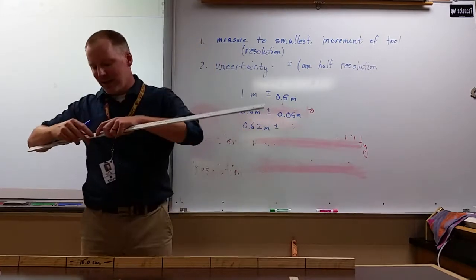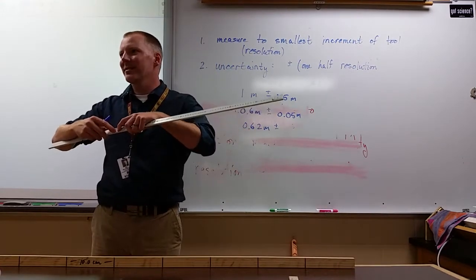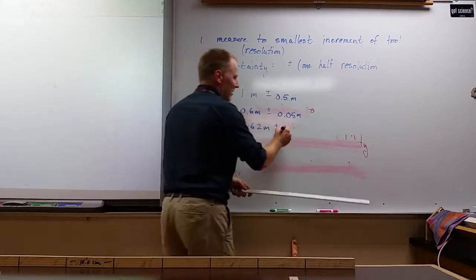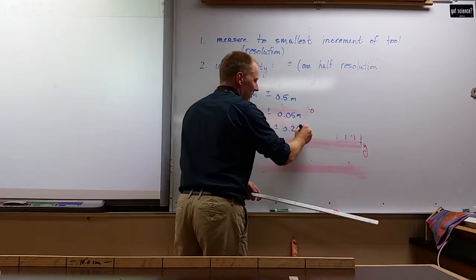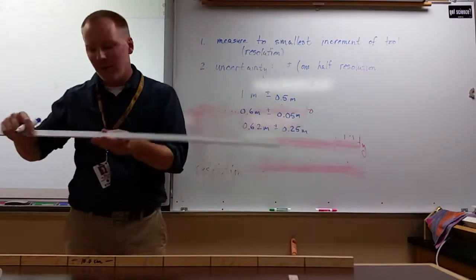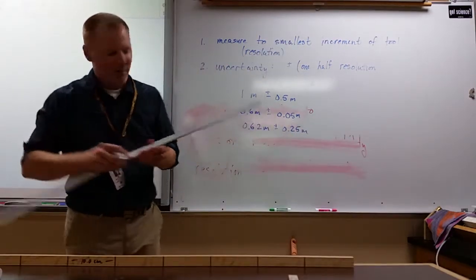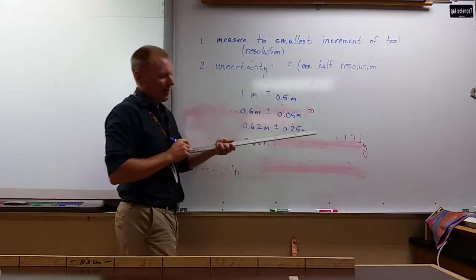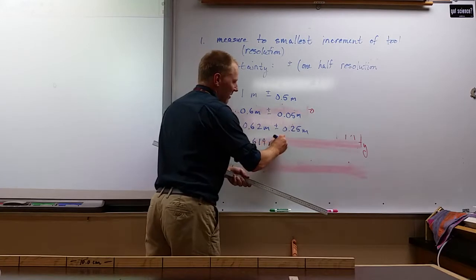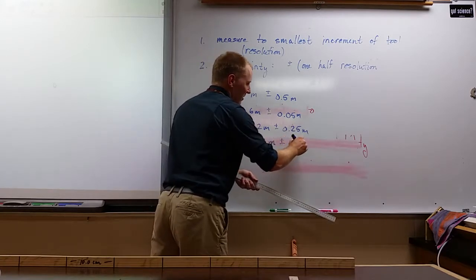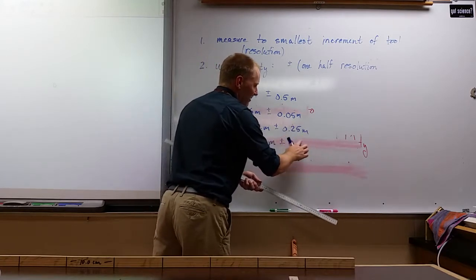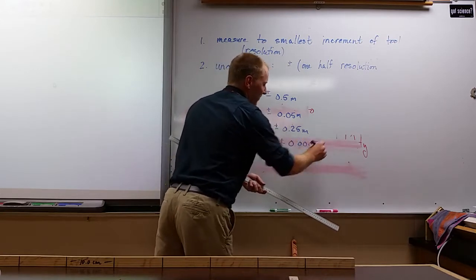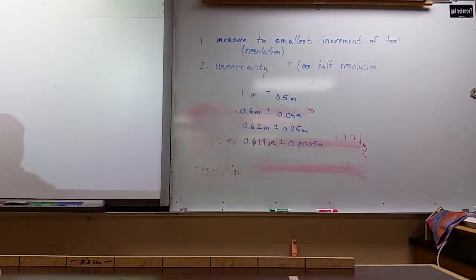Half of a half centimeter is a quarter centimeter, 0.25 meters. And then finally we can flip it over, and maybe it's 0.619, because now we can measure to the millimeter, plus or minus 0.5 millimeters, or 0.0005 meters.